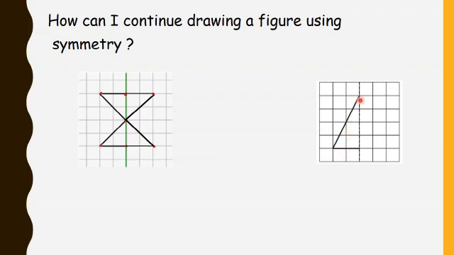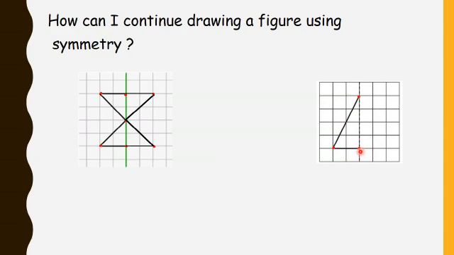Similarly, I'm going to draw this other part of the figure. I mark the vertices, the first step. Second, I plot them on the other part with respect to the axis of symmetry. This point and this point are already on the axis of symmetry, so I will not plot them.